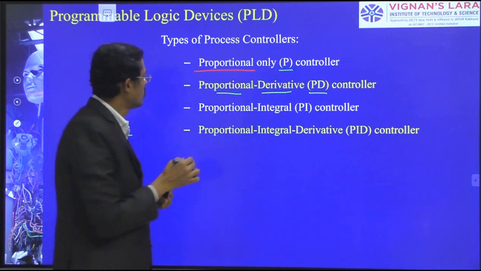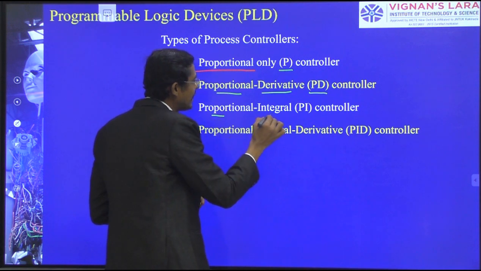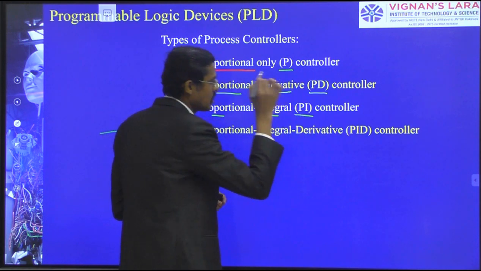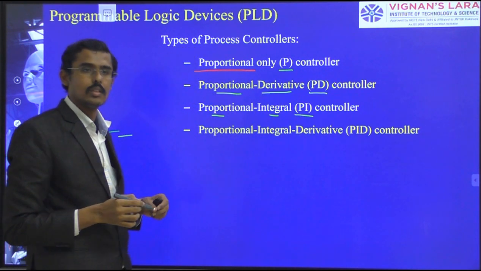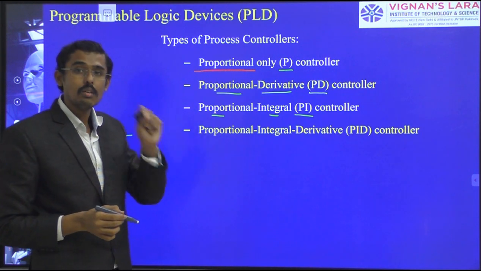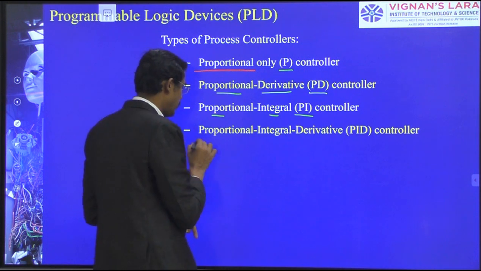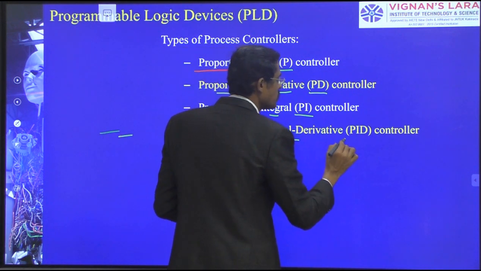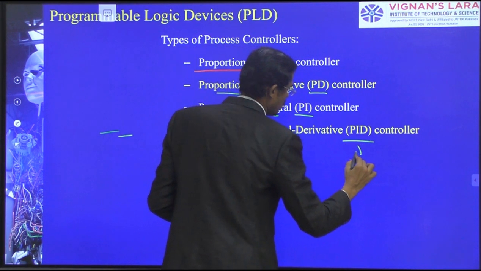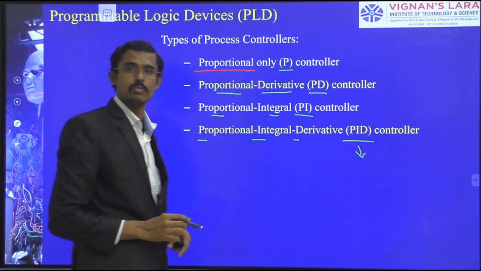Sometimes I am using proportional and integral, which I name a PI controller. Sometimes I want to use all together for better results: proportional, integral, derivative, that is the PID controller. This we should note importantly.